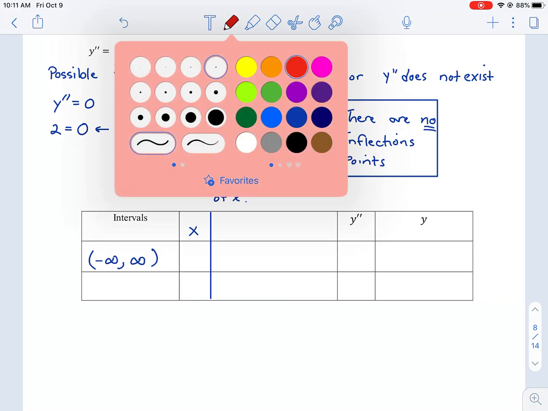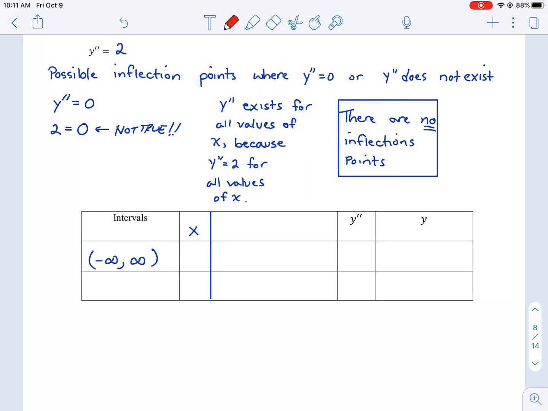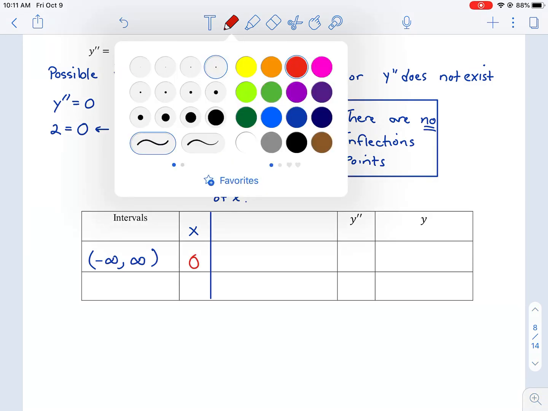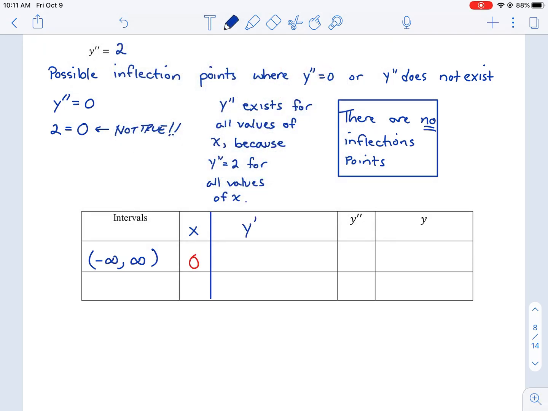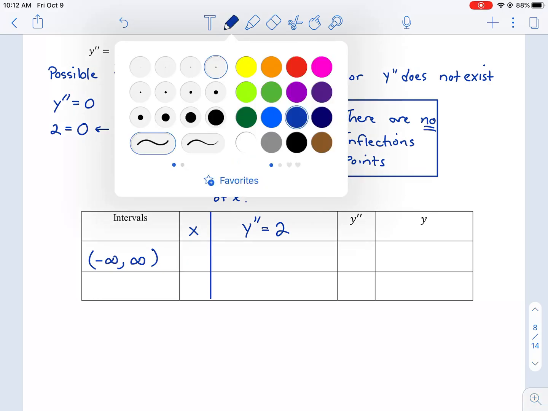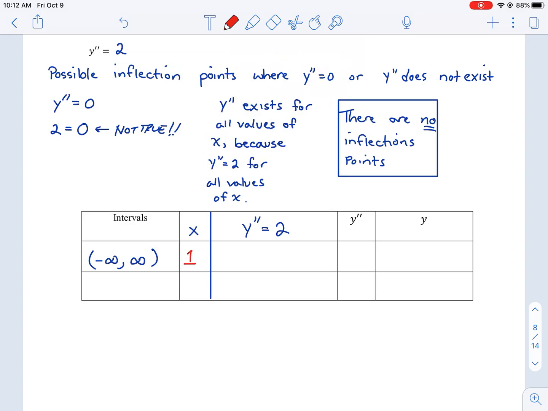So now, I'm going to pick a value of x in this interval. I'm just going to pick 0. And we already know that the second derivative is equal to 2 for all values of x. It doesn't matter what value of x I place here. I could place a 1.